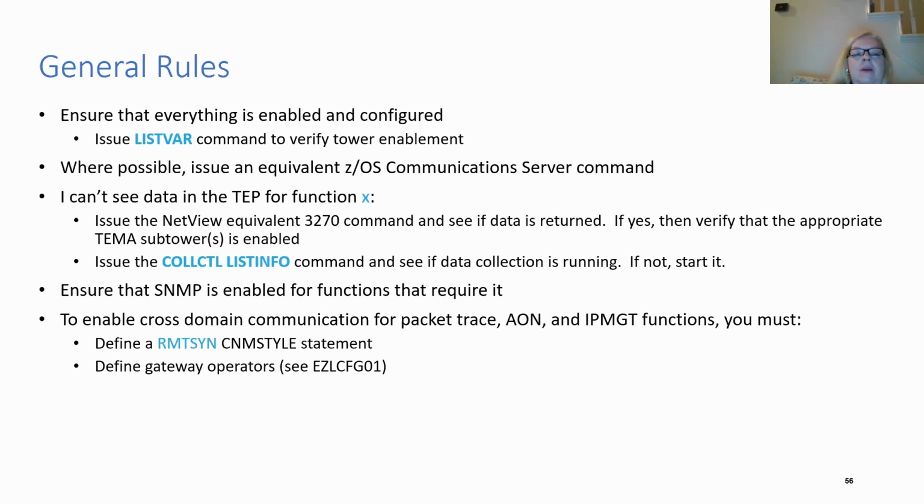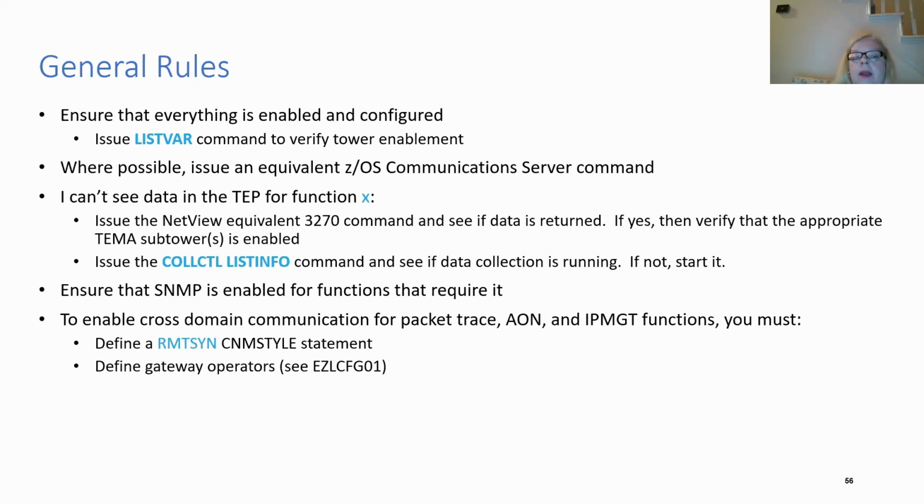If you say, well, I can't see data in the TEP for function XYZ, issue the NetView equivalent 3270 command, which I have those commands in the backup here, and see if the data is returned. If the data is returned for 3270, then verify the appropriate tower or subtowers are enabled.